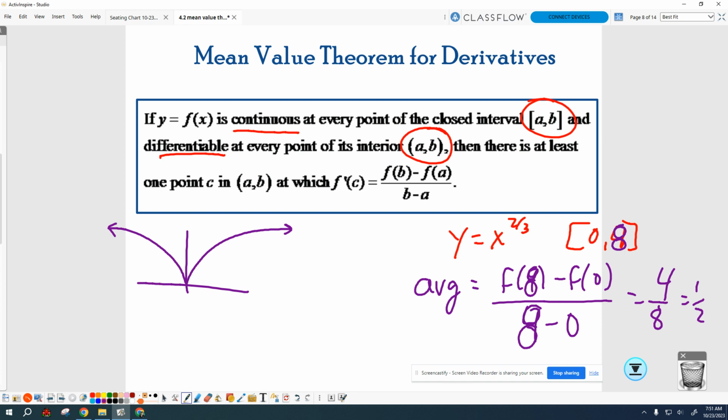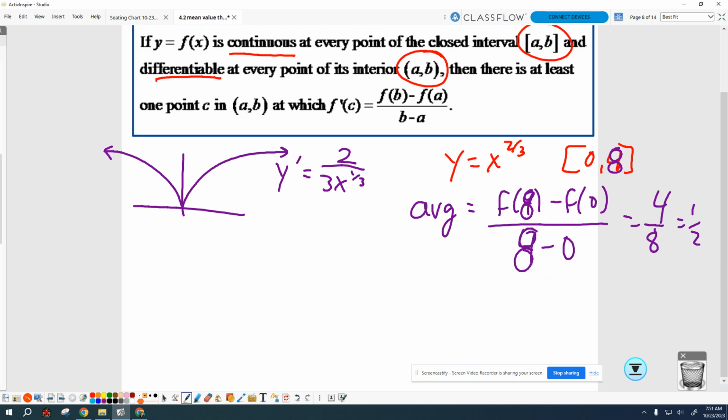And mean value theorem is saying there's somewhere that this average slope will equal a half. So where does 2/3 x to the 1/3 equal 1/2?